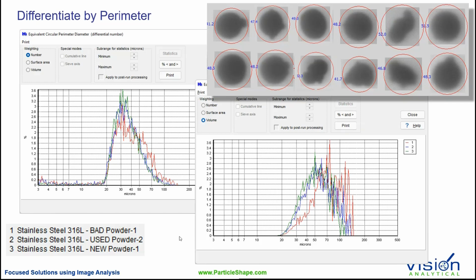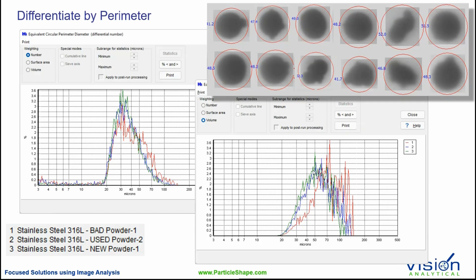And then the blue powder, you can see that even though by number you can't really tell, by volume there's a much higher fraction of particles that are greater than the green one, green being the new sample. So the green sample does have a larger population of the smaller.